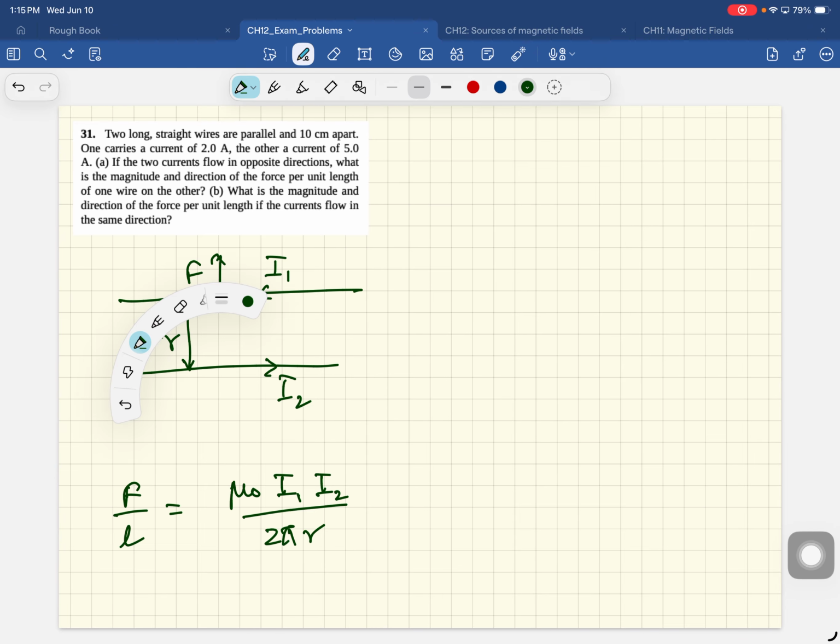Twenty turns. The current is 0.5 amp. 2 times 0.1, milliamp.